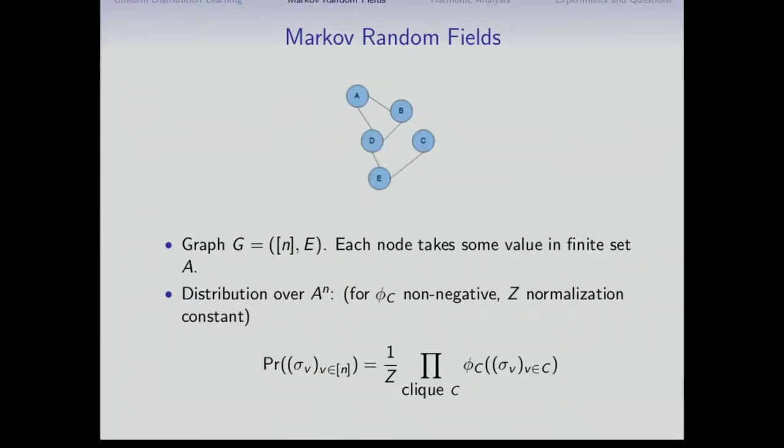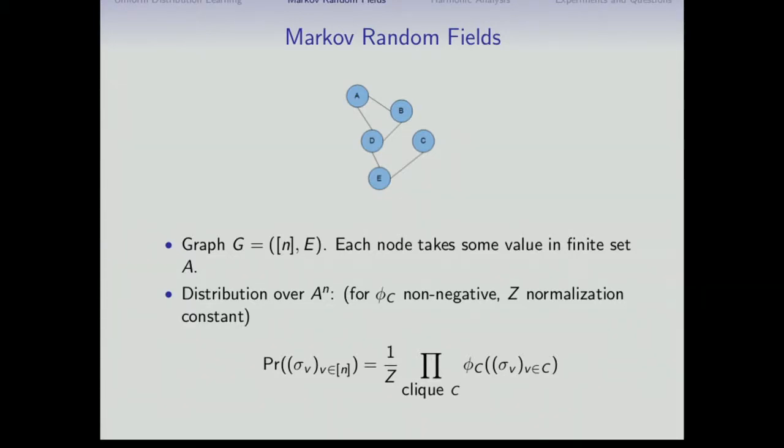And the particular class of distributions we look at is distributions that are given by Markov random fields. So what's a Markov random field? It's defined by some graph on n nodes. And each node in this graph is going to be associated with some variable which takes value in some finite set A. And this defines a distribution over the set A to the n, and is given by these functions.